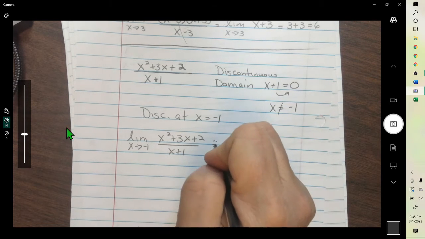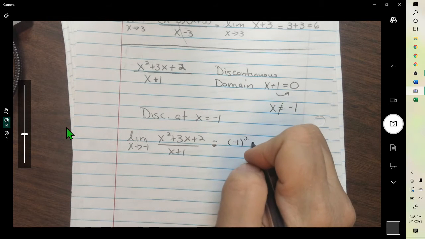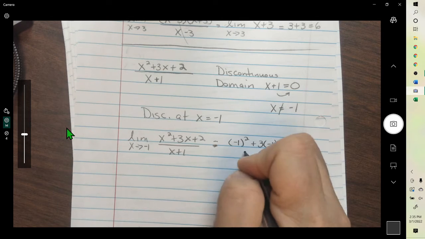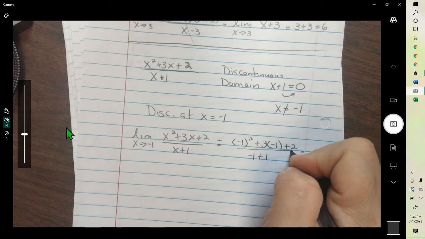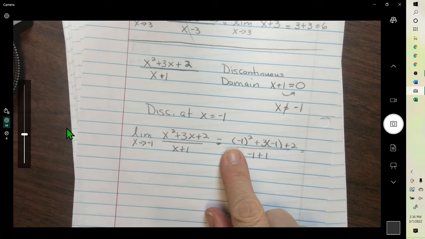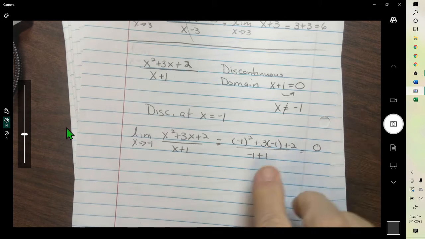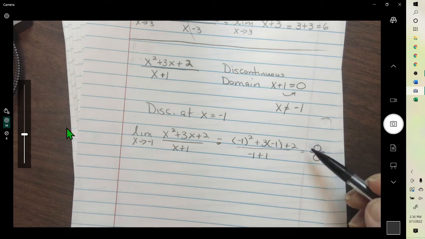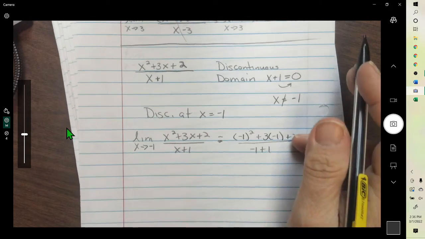So if we plug in negative 1 squared plus 3 times negative 1 plus 2 over negative 1 plus 1. 1 squared is 1 minus 3 plus 2 is 0. Negative 1 plus 1 is 0. 0 over 0 means there's a common factor. Go back and reduce.